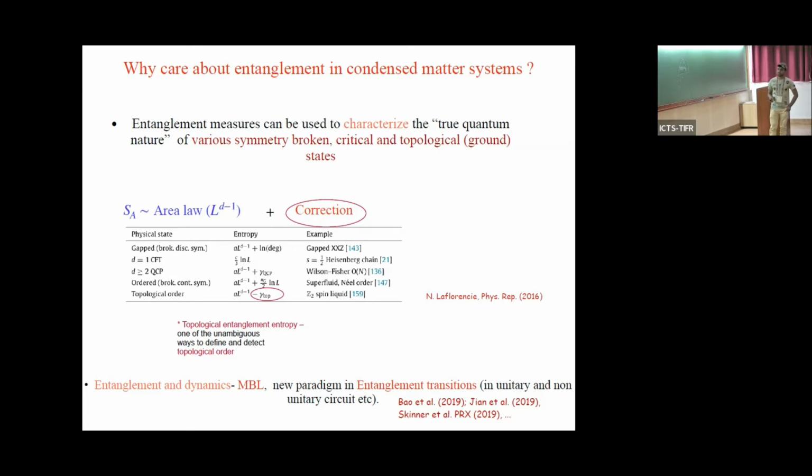For example, in a topological ground state there is an area law and then a negative constant contribution, called the topological entanglement entropy, which defines the topological order and is one way to detect topological order. Also, in the context of MBL, there is the dynamics of entanglement, and we just heard about the entanglement transition in the previous talk. So quantum entanglement is important from the condensed matter perspective.